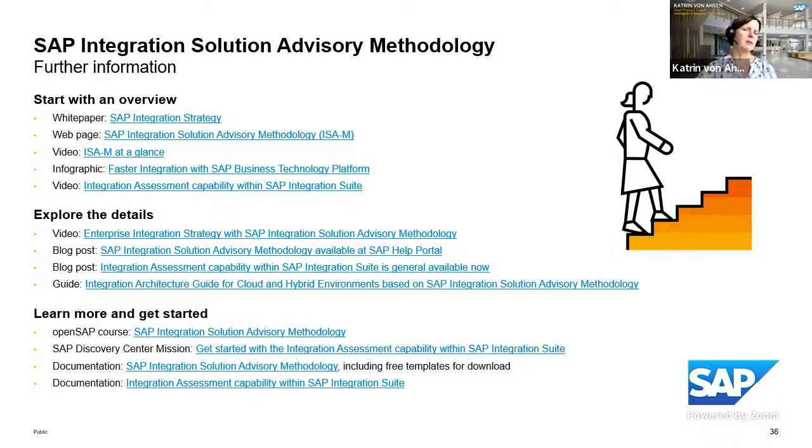The second aspect, which is often mentioned, is all the accelerators which we provide. Here, the vendor-agnostic concepts like the integration do's and don'ts, the best practices, and so on, which can easily be consumed. So that's also very well perceived.